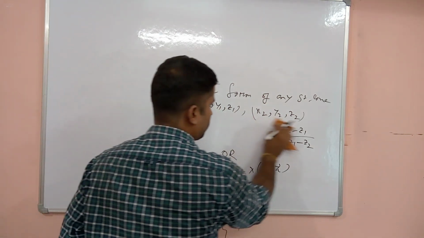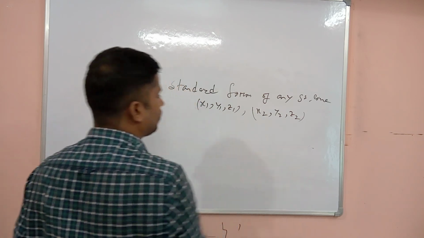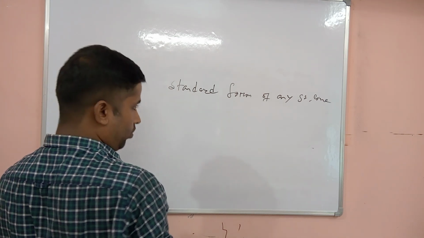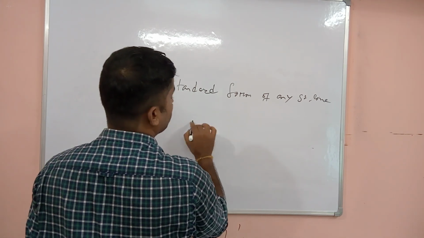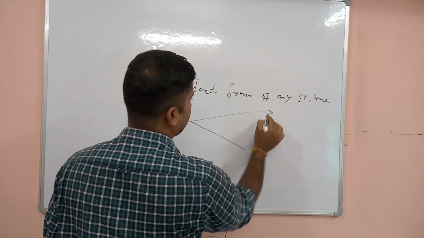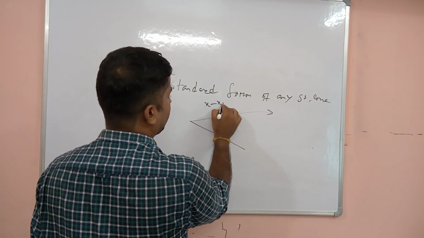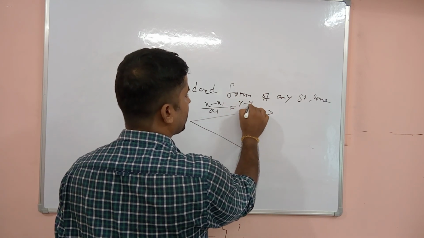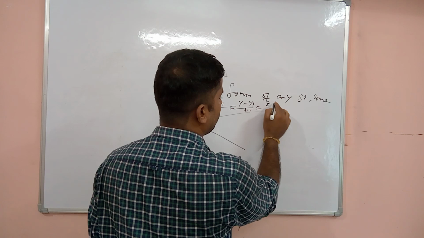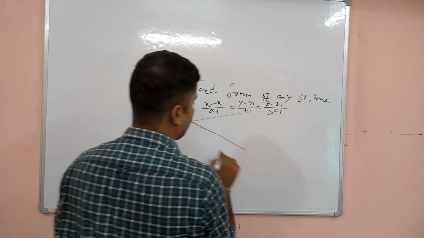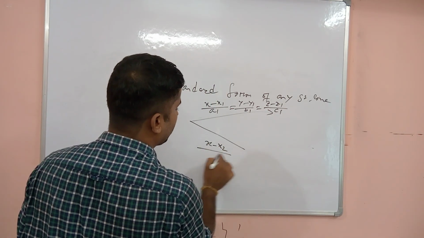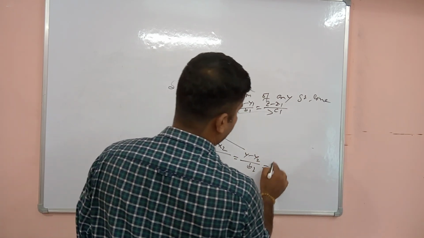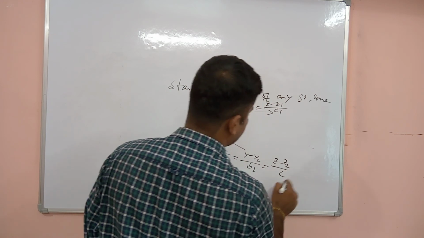Okay, suppose two straight lines, say these are two straight lines and their equations are x minus x1 by a1, y minus y1 by b1 is equal to z minus z1 by c1, and x minus x2 by a2 is equal to y minus y2 by b2 is equal to z minus z2 by c2.